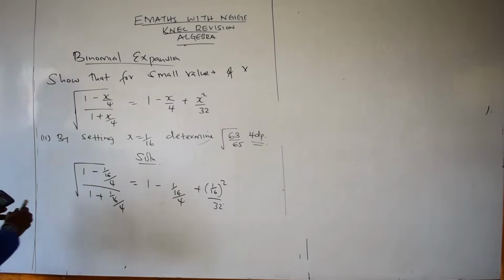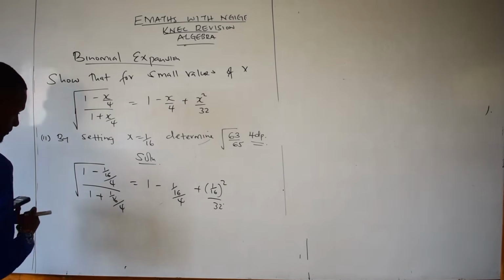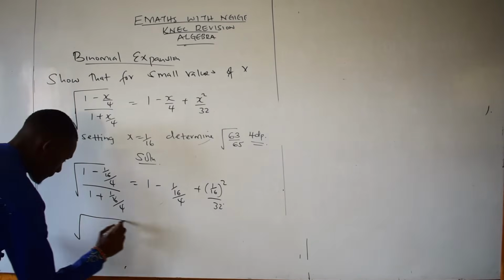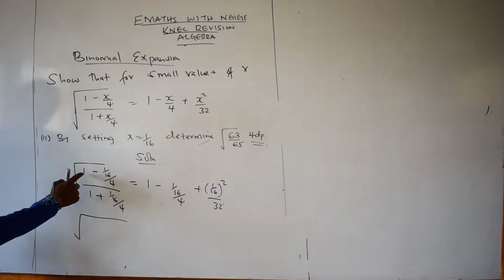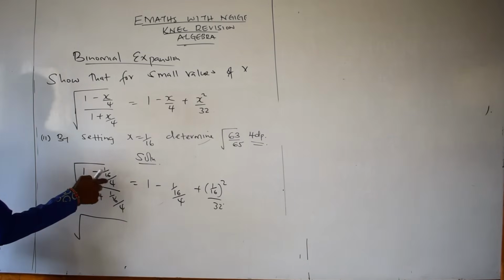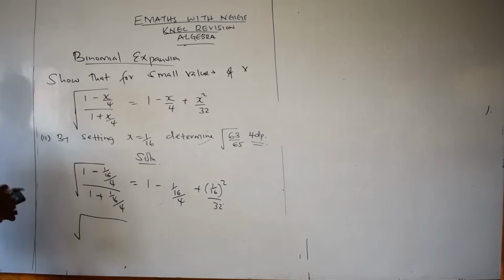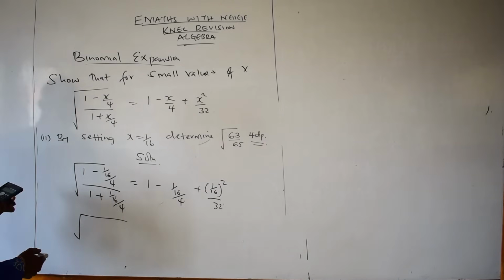Now remember this just means you can simplify it further. So when you have a fraction here and a whole number, the fraction needs to go down. So this is the same as saying 16 times 4, which gives you 64.